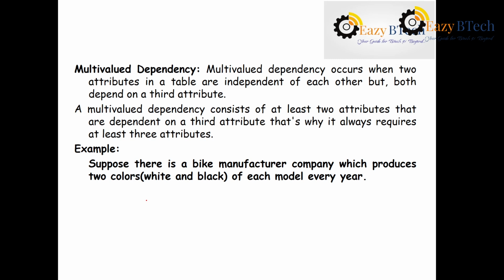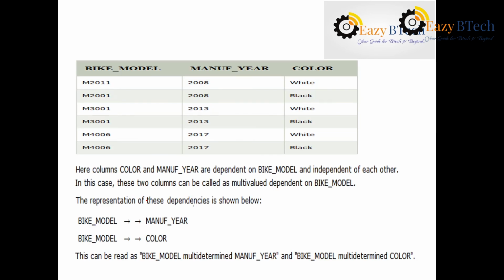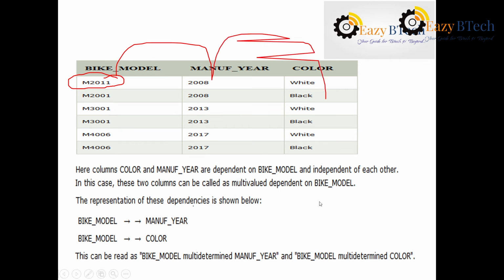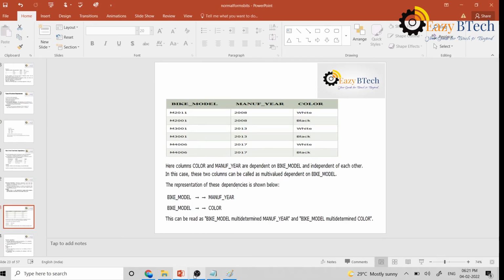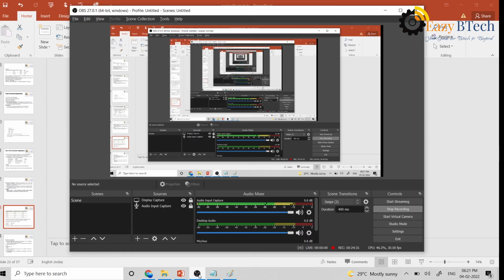Next, multi-value dependency. Multi-value dependency is when one particular attribute depends on more than one attribute. That is called a multi-value dependency.